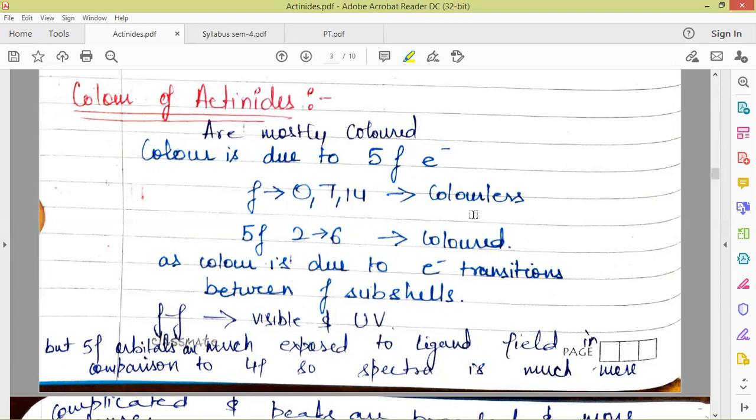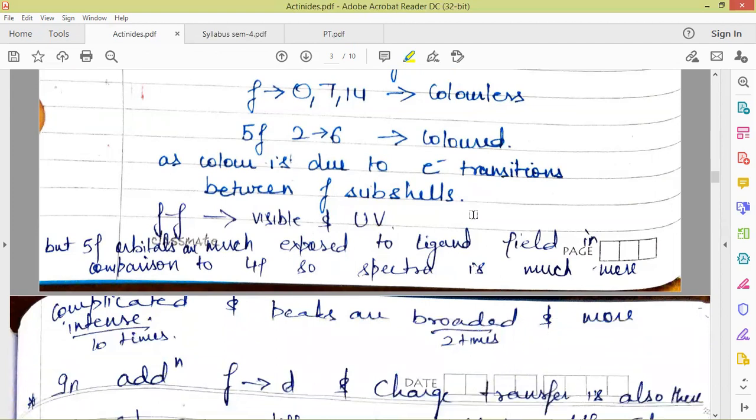So as color is due to electronic transitions between f subshells, f-f transitions are there, which lie in the visible and UV region. That is why actinide complexes are colored. But in case of 5f orbitals, as the 5f orbitals are much more exposed to the ligand field in comparison to the 4f, here we do not get any sharp peaks as in the UV-visible spectra of lanthanides.